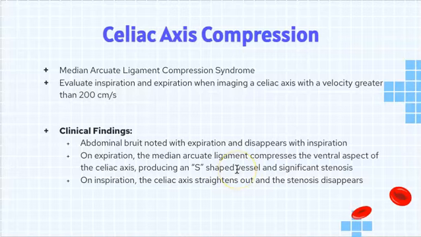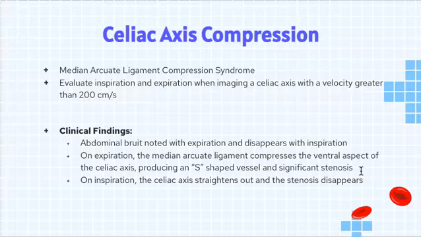Our clinical findings, so a reason for the exam would be an abdominal bruit noted with expiration, but it disappears when the patient breathes in or has inspiration. So when we're imaging, whenever the patient breathes out, so on expiration, the median arcuate ligament compresses the ventral aspect of the celiac axis. This produces an S, or fishhook shaped vessel, and significant stenosis.